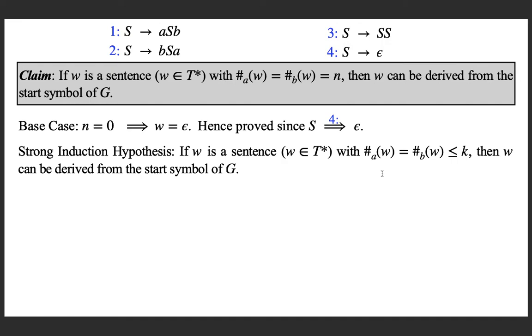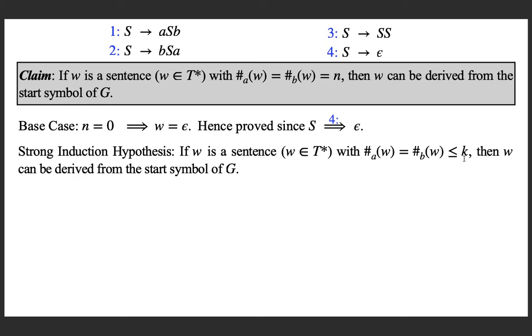If W is a string with equal number of A's and B's, and number of A's, which is same as number of B's, is less than or equal to K, then W can be derived from the start symbol of G. That is the strong induction hypothesis. Strong means in the normal case we are assuming it only for K, but here we are applying it for all values less than or equal to K, and that is strong induction.